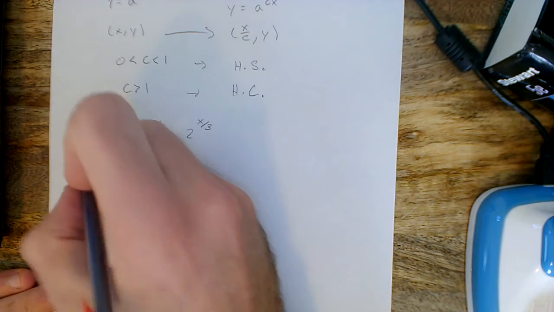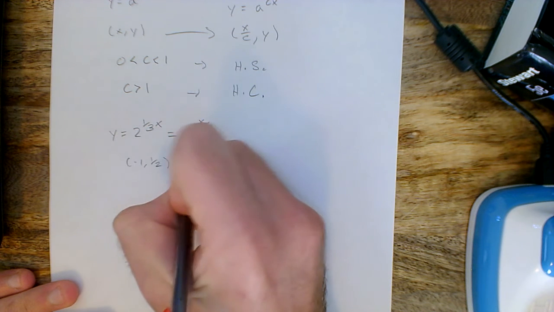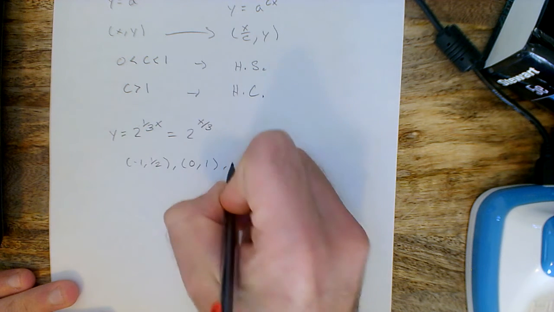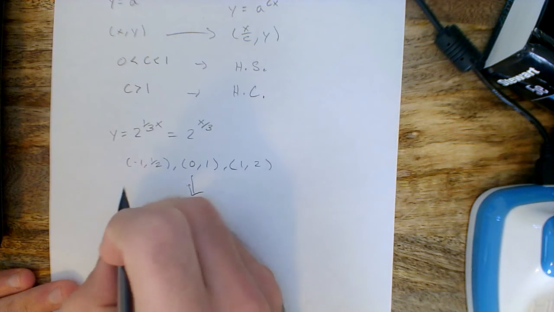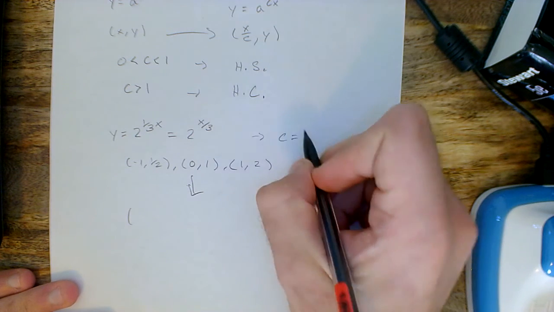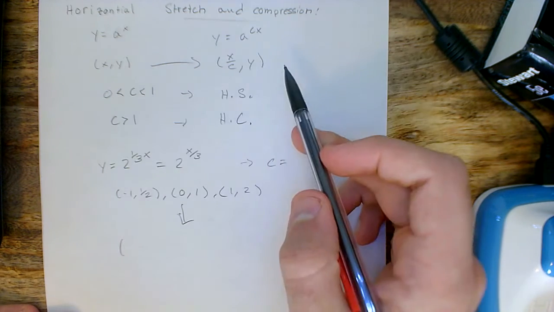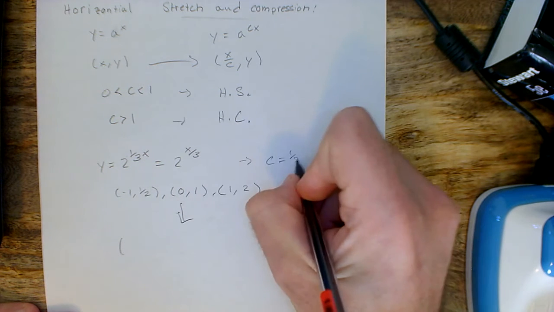Alright, so this is going to take -1, 1/2, 0, 1, and 1, 2, and it's going to map them. From our formulas, if this 2 is a, then c is going to be 1/3.